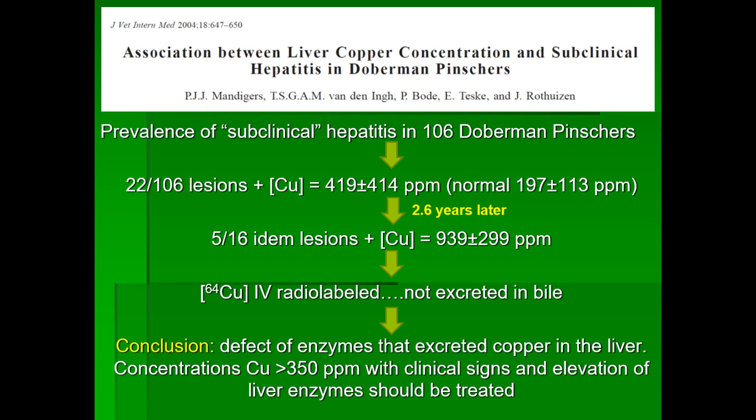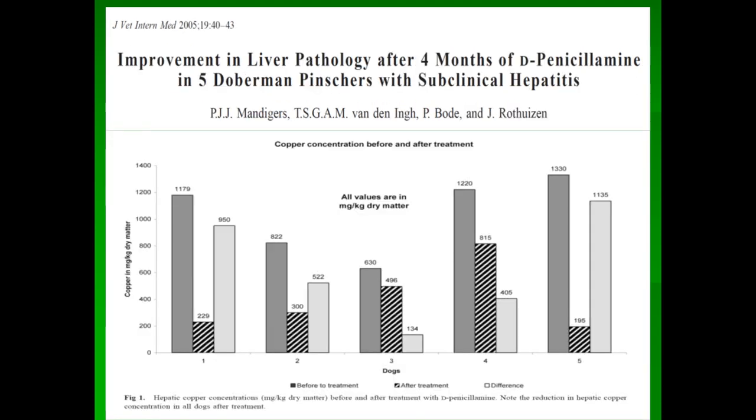So when should animals be treated? Well, basically, when the copper concentrations are greater than 350 parts per million, and they are associated with clinical signs of disease and elevation of liver enzymes. This study followed those 5 dogs that had liver lesions and elevations of copper in the liver.